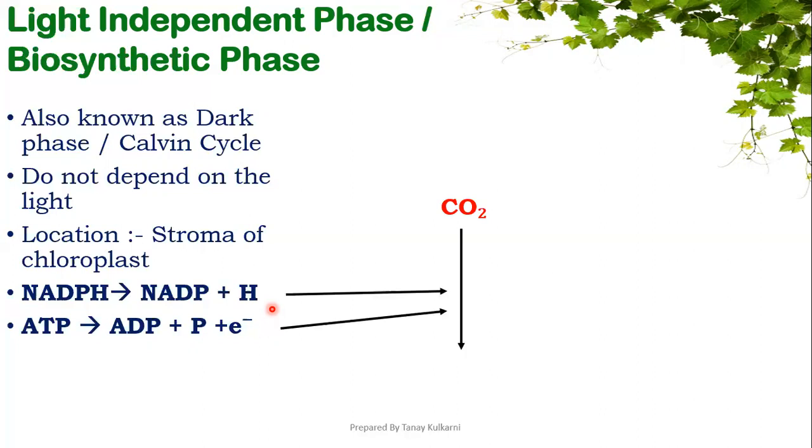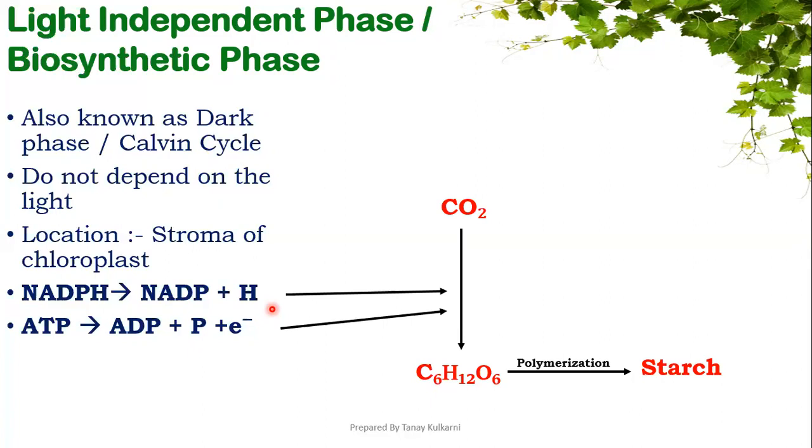This carbon dioxide accepts hydrogen and electron, gets converted into glucose, and glucose, since it is a very simple product, can get absorbed by the plant cell, hence it will be converted into starch.